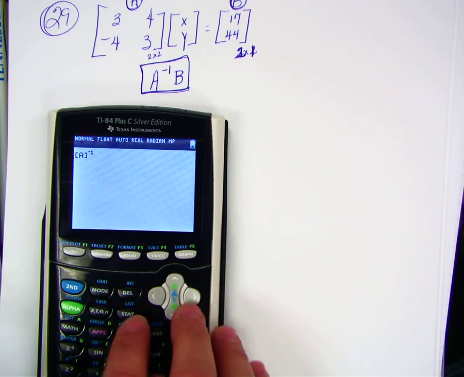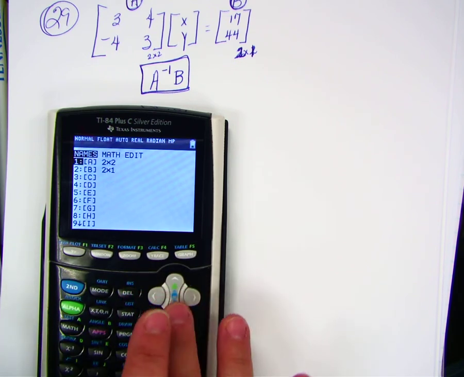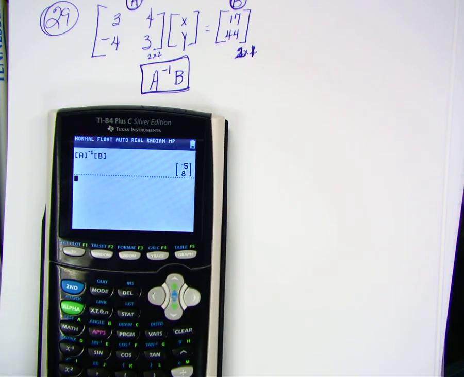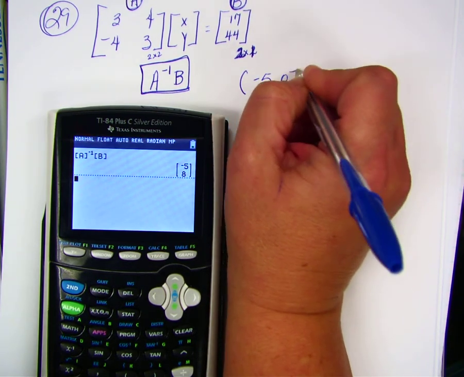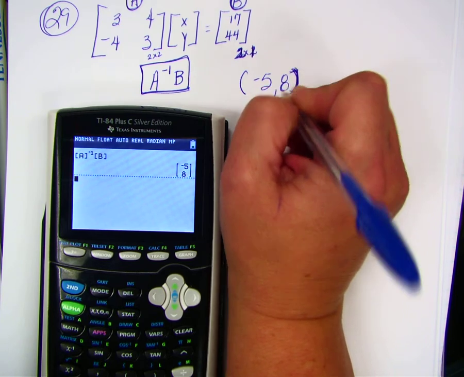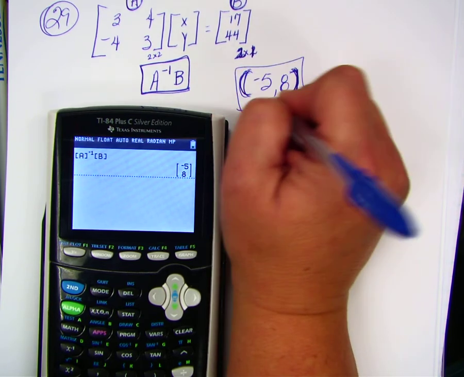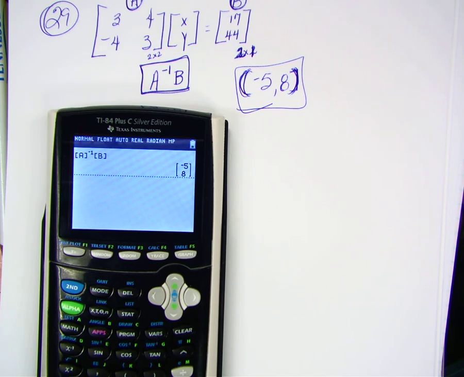Down. Got it. Okay, and it gives me -5, +8. Anybody have a question? No.